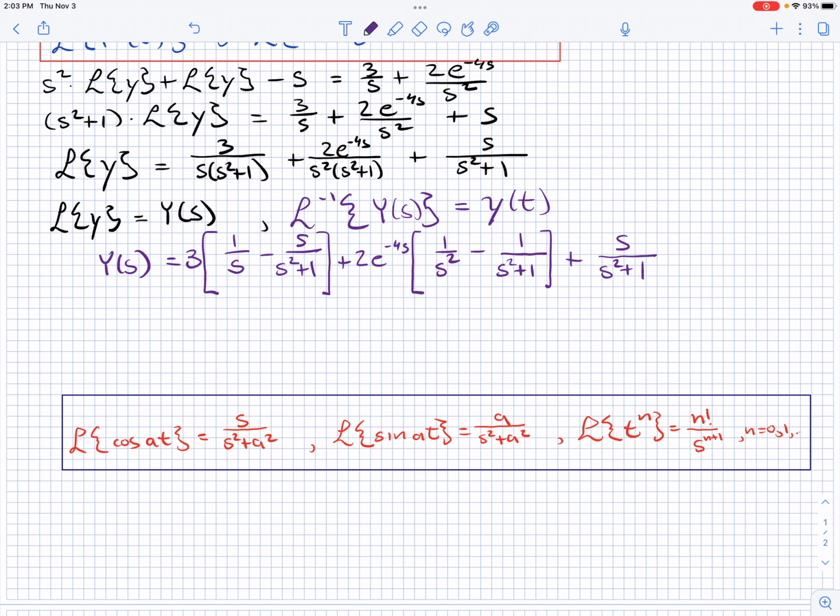So what we can do now is I'll just rewrite this all out, so I can take the inverse Laplace of each of them by themselves. I'm going to write them so it's fairly straightforward to see. 2 times e to the negative 4s over s squared plus 2 times e to the negative 4s over s squared plus 1.